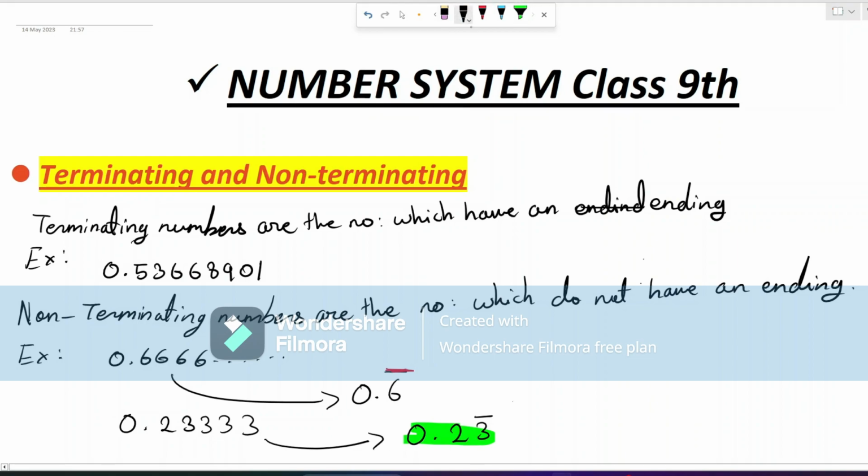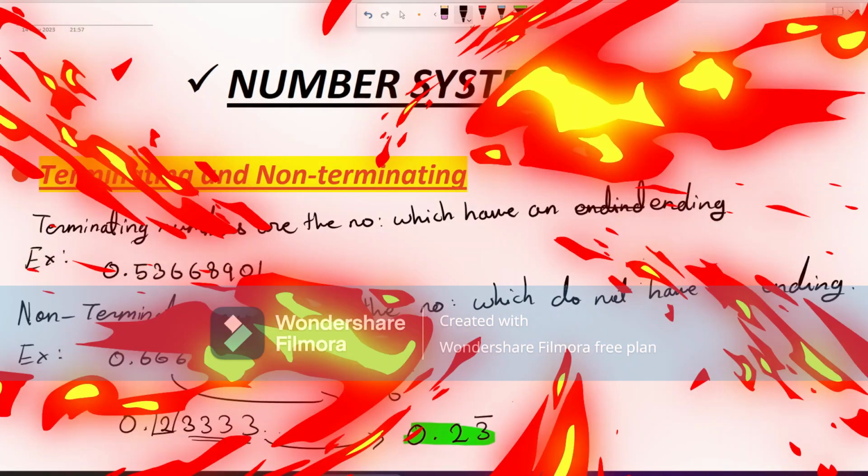Now you have to understand that if a number, suppose this is 2, is not getting repeated, and only 3 is getting repeated n number of times, then make sure not to put a bar on 2, only put the bar on 3, because that is the number which is never ending.